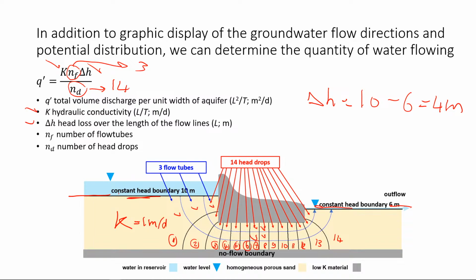Then you get Q. If you know the aquifer width W, you can multiply this by W and you get big Q. If you assume W is equal to 1, you just get Q prime, the total volume of discharge per unit width of the aquifer.